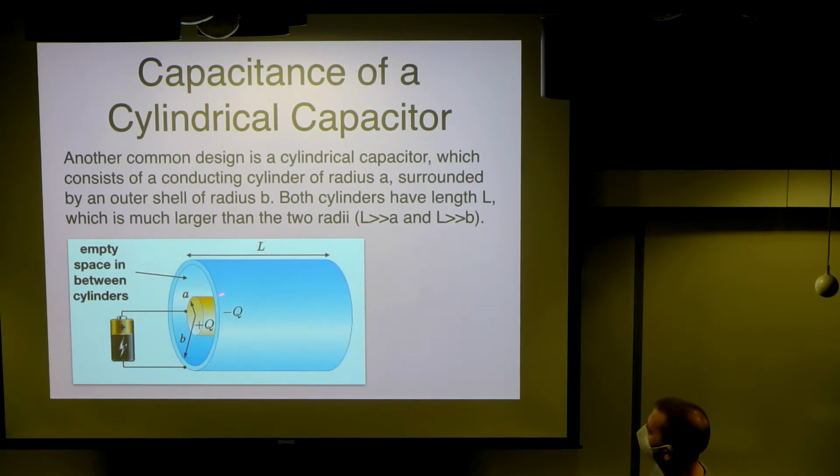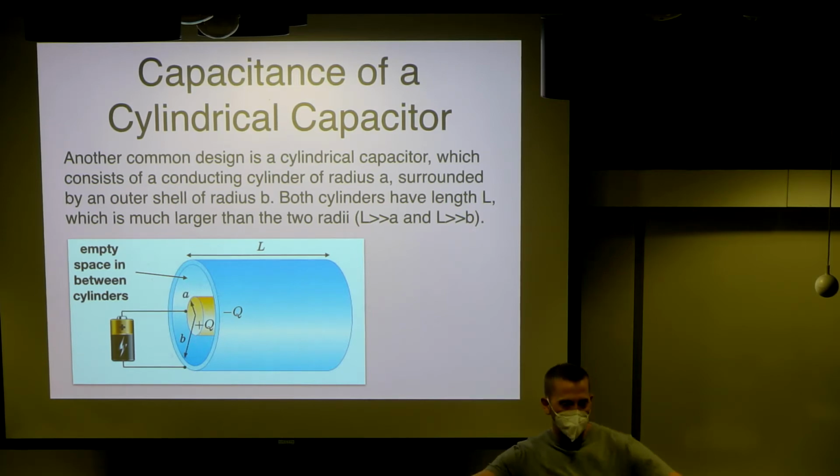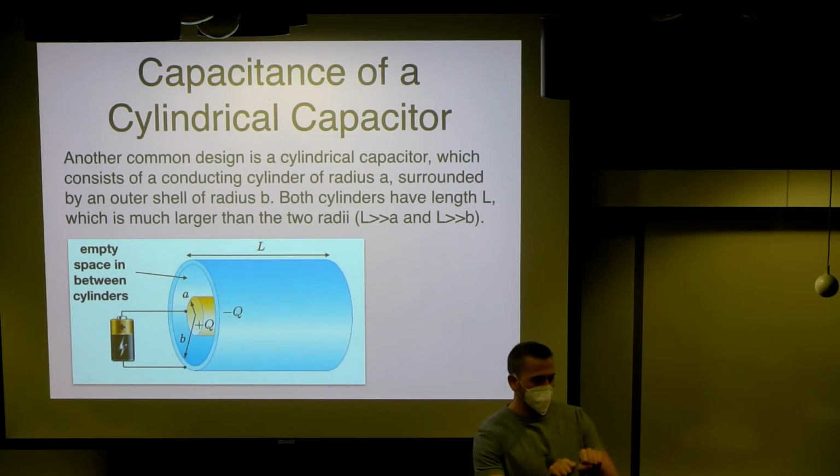Let's call the radius of that A. And then that cylinder is surrounded by a larger cylindrical shell of radius B. So you see we have the inner conductor, radius A, and then the outer conductor, radius B. Now both of these 2 conductors have the same length. Now, although the picture is kind of exaggerated, typically this length is going to be much larger than these 2 radii. Okay, so it's a very long set of conductors which share the same center.